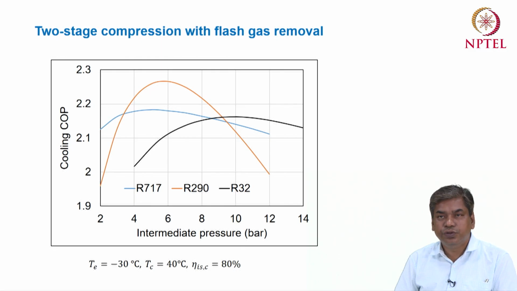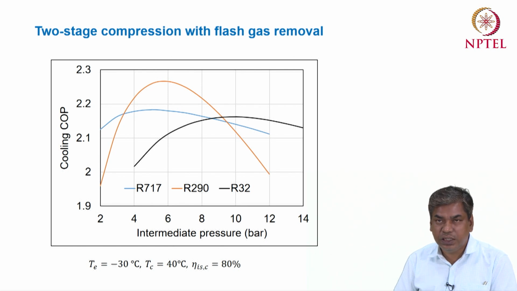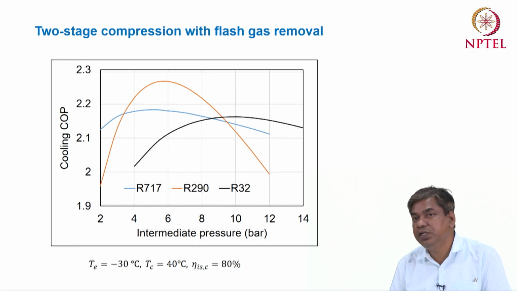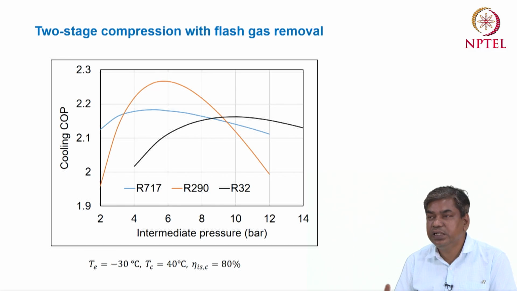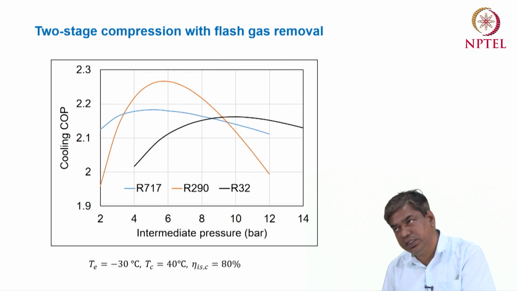Now I have already told that for different refrigerants, the improvement of cooling capacity may be different. Also, in the previous lecture I have told that the variation of cooling COP for the two stage compression system with respect to intermediate pressure may not be monotonous. If we increase the intermediate pressure, then the first compressor work will increase and the second compressor work will decrease.